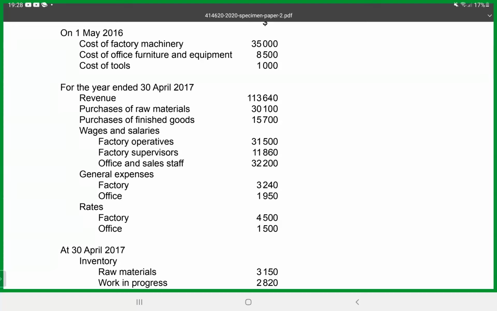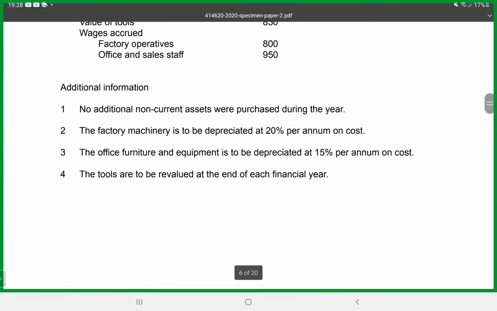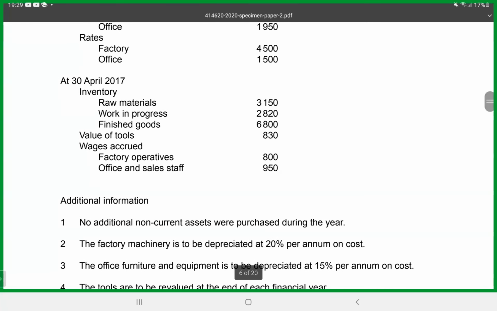How much were the direct wages? You can see the wages and salaries, right? There are some wages that go for factory operatives. These wages go direct in the factory, so they are direct wages. So you get 31,500 direct wages. But again, you are given additional information about wages. There are some accrued wages, isn't it?